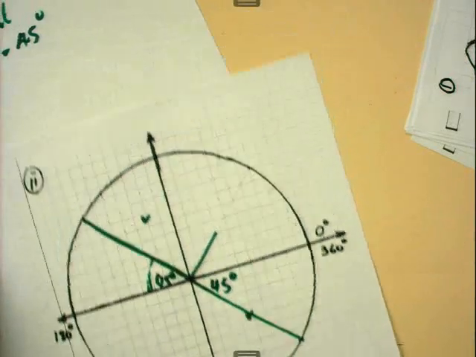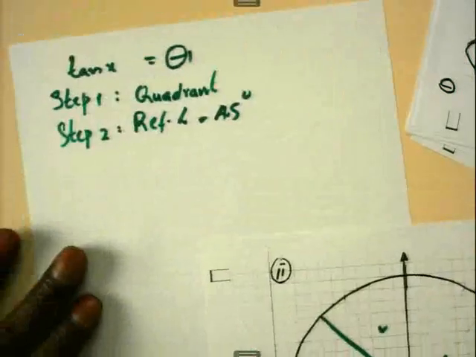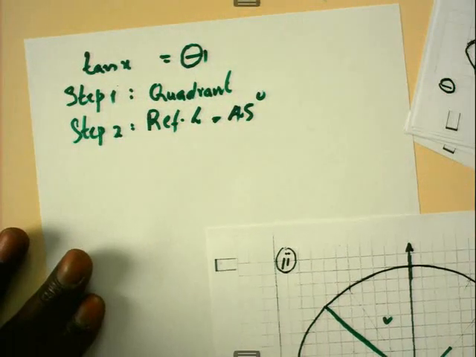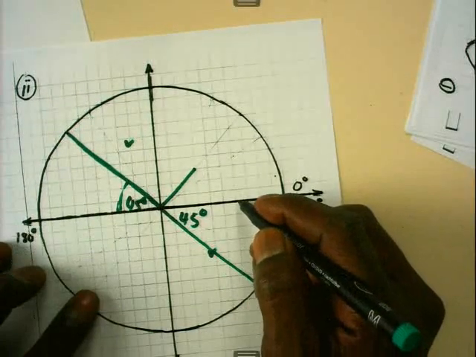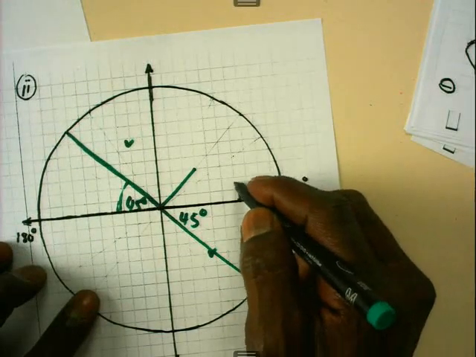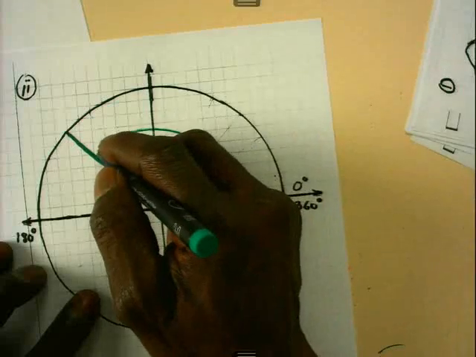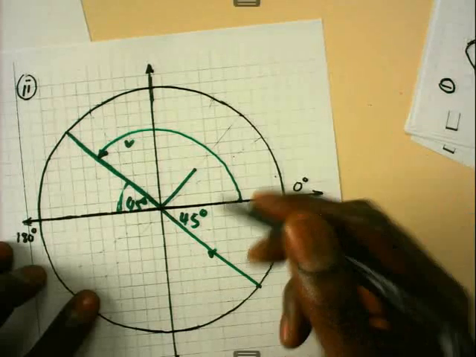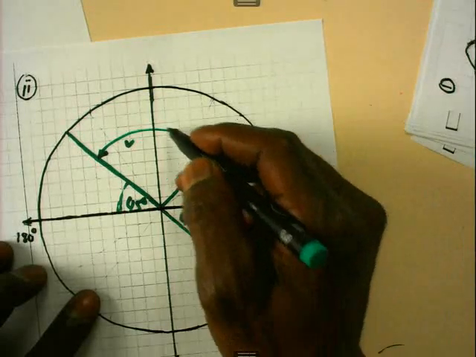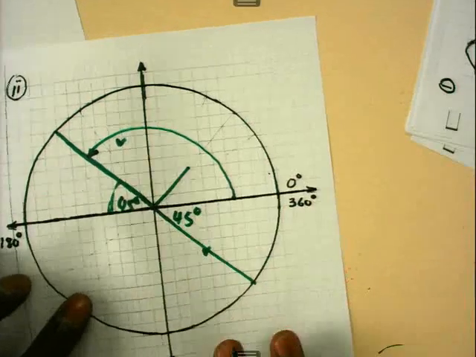Now, is that the solution for the problem? The answer is no. Why? When we want the solution, we are going to start from the positive x-axis up until we touch this arm here. Then we are going to have the solution. Definitely, this is not the same as the reference angle.